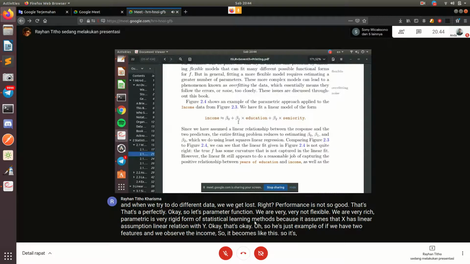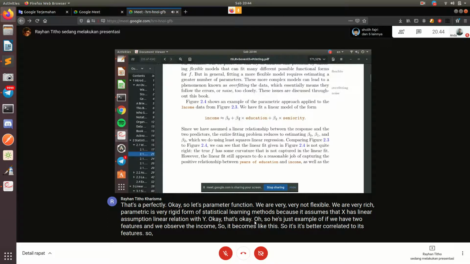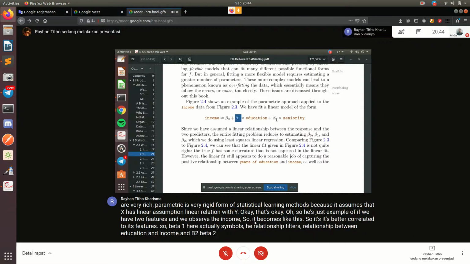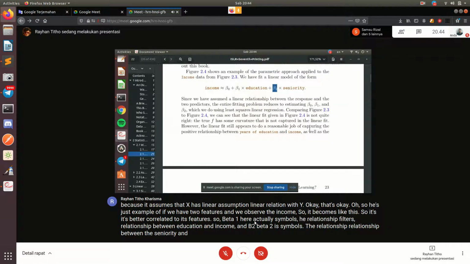There's a beta related to each feature. So beta one symbolizes the relationship between education and income, and beta two symbolizes the relationship between seniority and income, something like that.